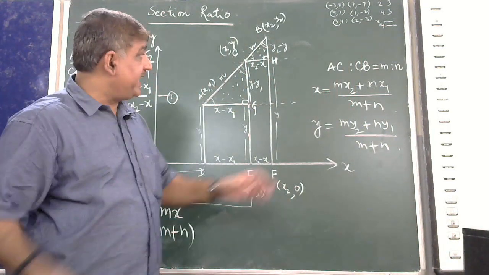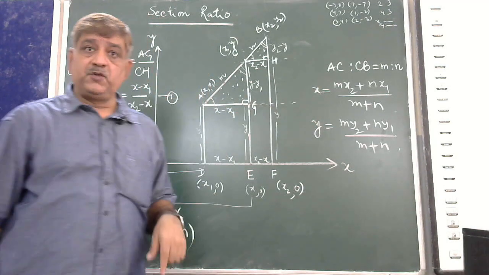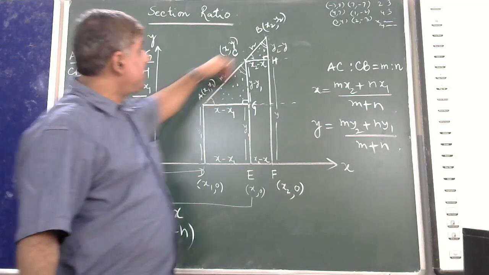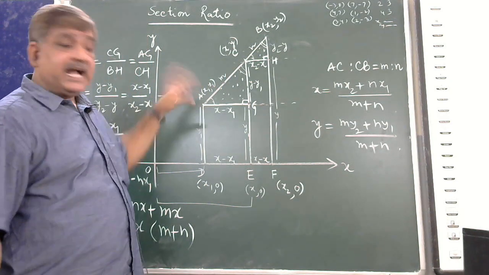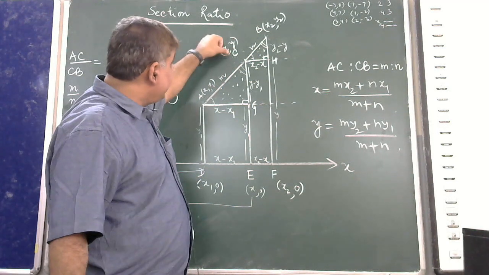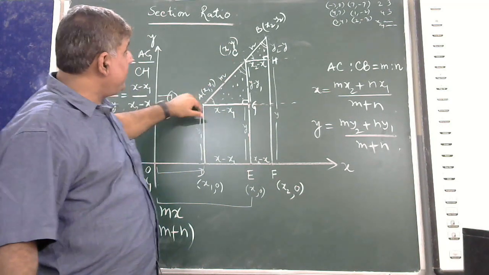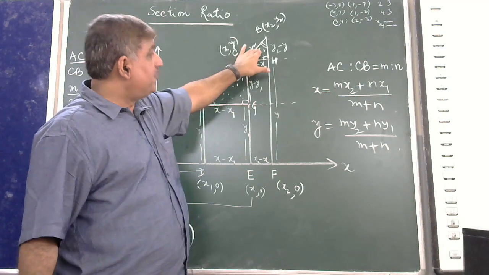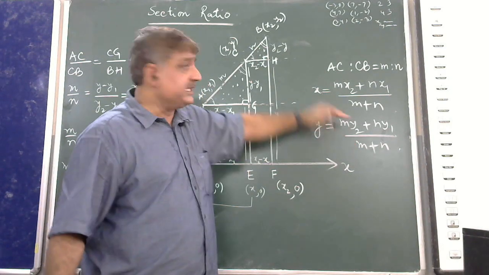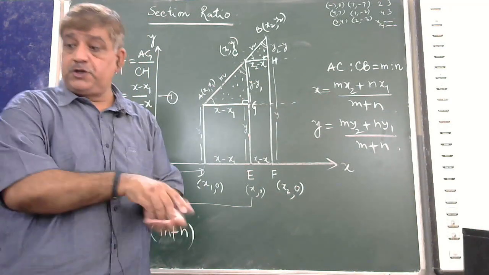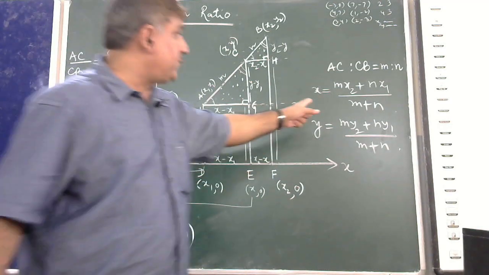So these are the values of x and y which we have derived from the section ratio formula. And to get the coordinates of point C, which divides AB in the ratio m:n, we frequently apply this formula for x and y. So you must keep in mind this formula.